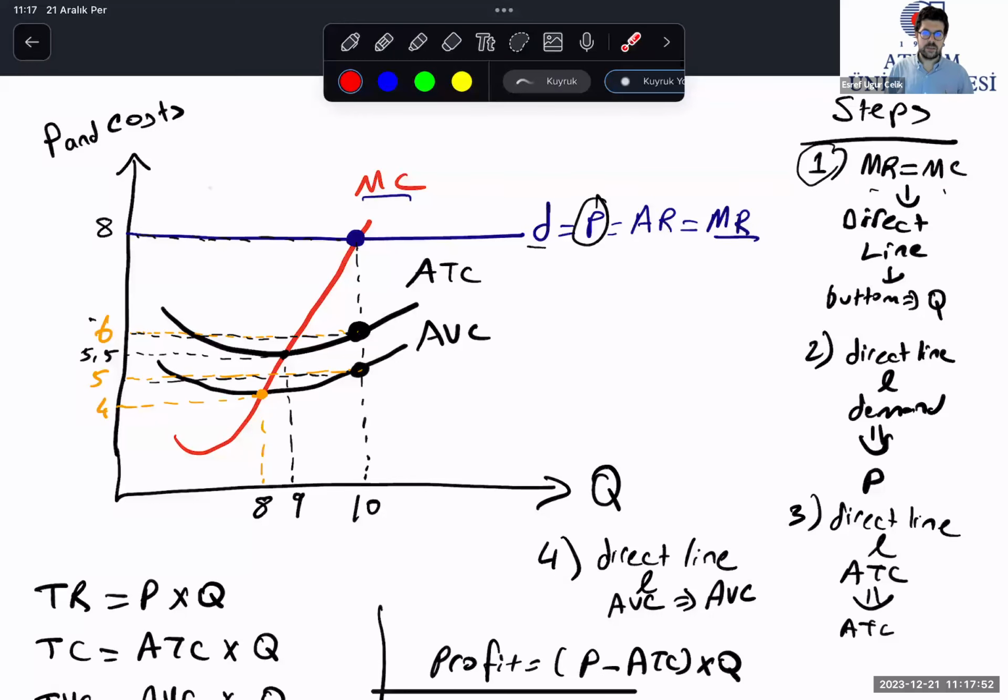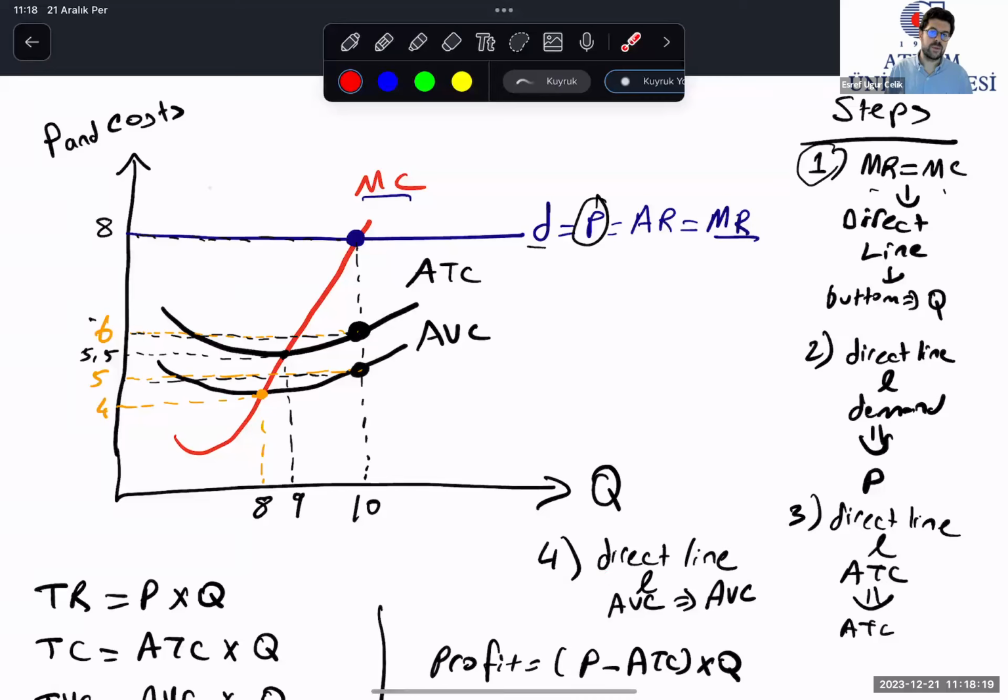When you find that point, you draw a direct line. The bottom part shows the quantity. Then you come to the other part. The intersection point of the direct line and demand curve gives the price value. The direct line and average total cost intersection give the value of average total cost.